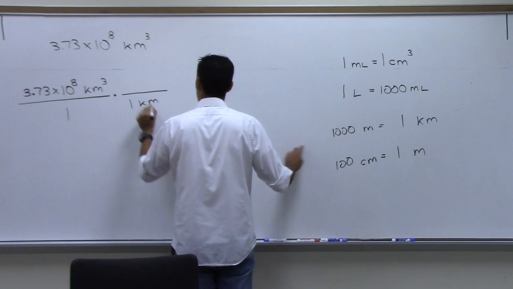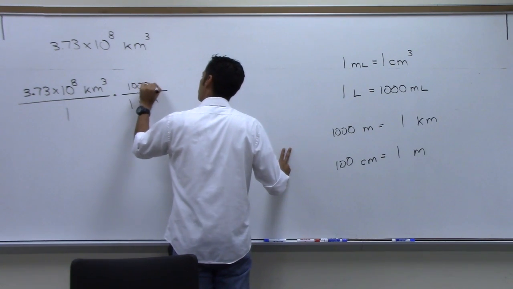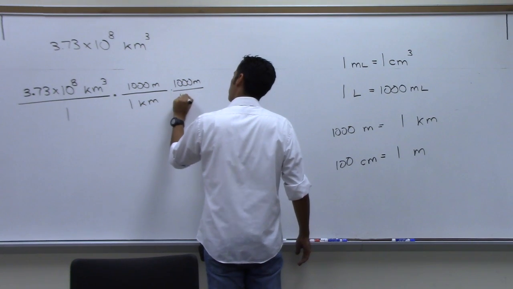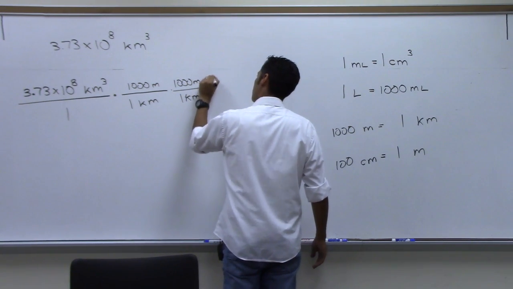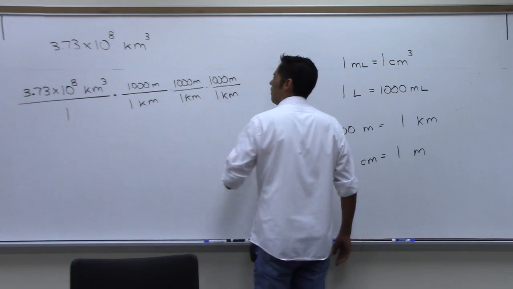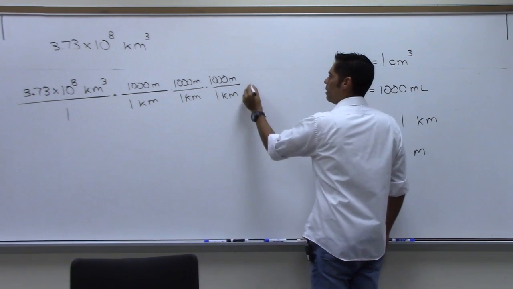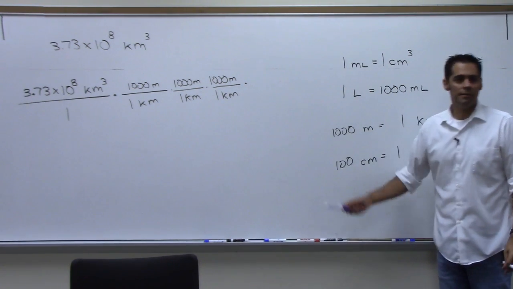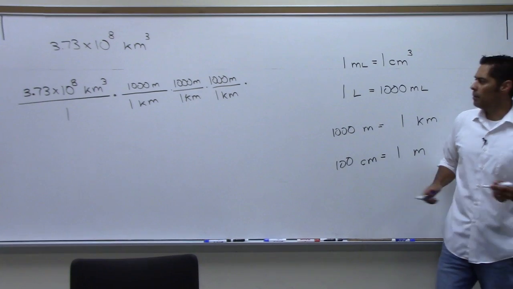What goes on top? 1,000 meters. And I need to do that 3 times. I might just add the exponents. What will that allow me to kill off? All my kilometers.